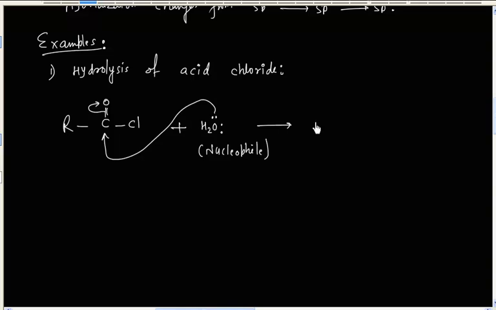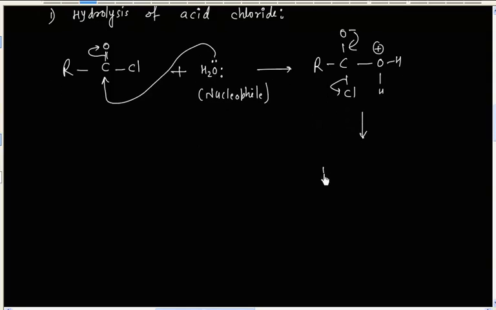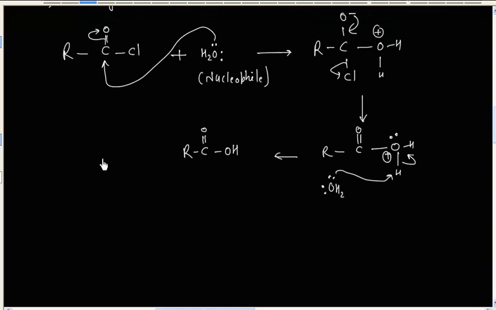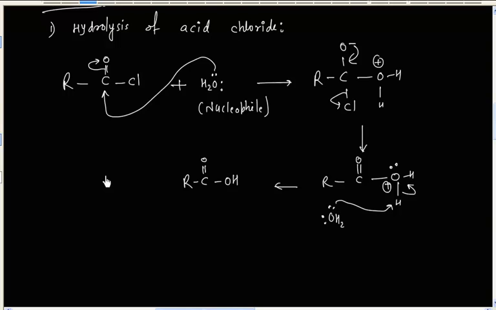So we will have a tetrahedral intermediate. In the last step, water can lose H plus. Finally, it will be converted into acid. So this is hydrolysis of acid chloride.